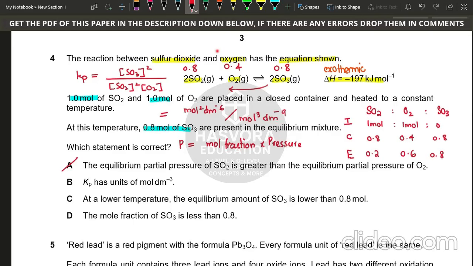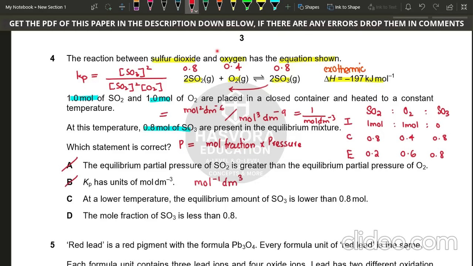This means we are going to have 1 over mol per dm^3, or you can just say mol^-1 dm^3. It is mol^-1 because it is going to be shifted to the numerator, and dm^3. So this is also incorrect.